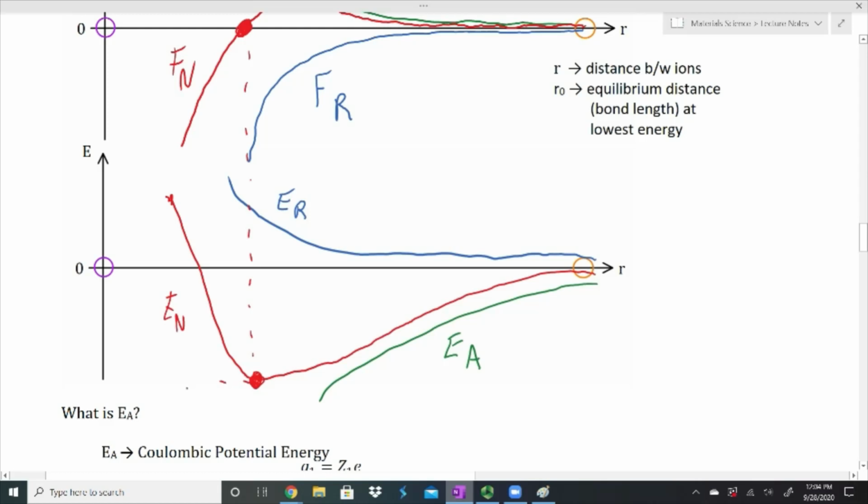Often, what I'm going to write is called our E naught, our baseline energy. And this point here, where we cross our x-axis, our R, is going to be our R naught. It's going to be our radius at our minimum energy, and it's also our radius when our equilibrium forces are at 0.